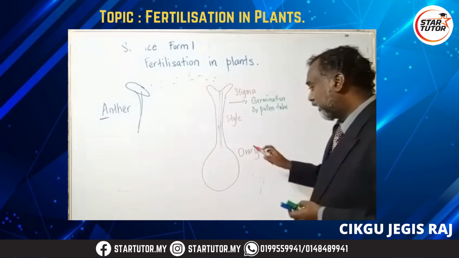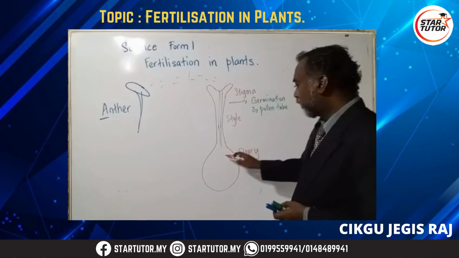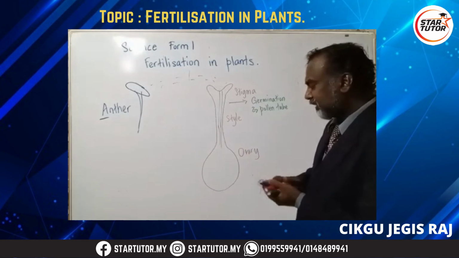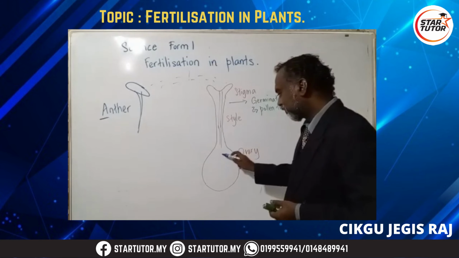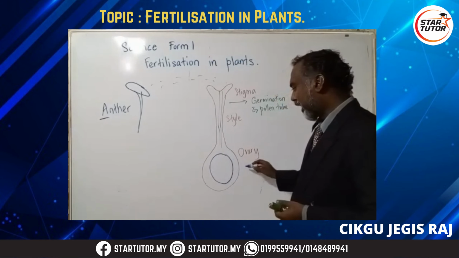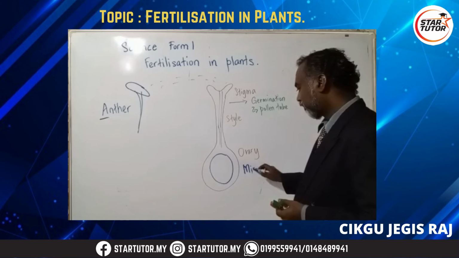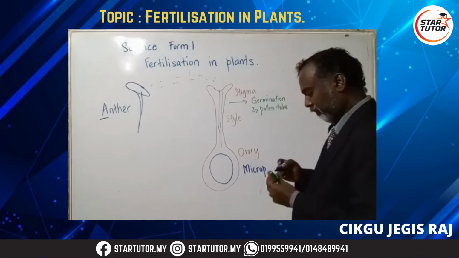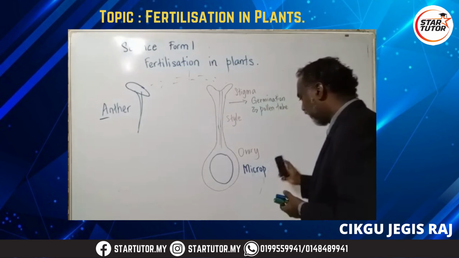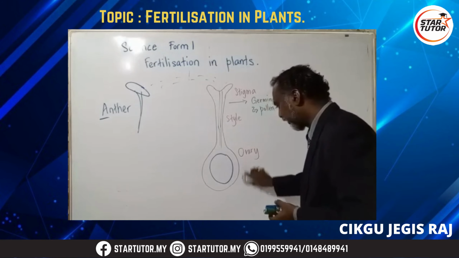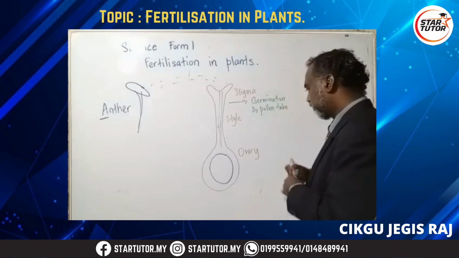Inside the ovary, the pollen tube has to penetrate the first layer, micropyle. Right, let's use the same color so that you're not confused. Micropyle.